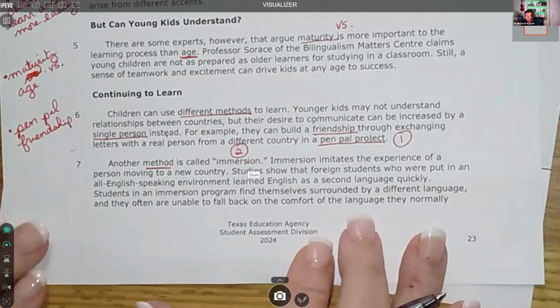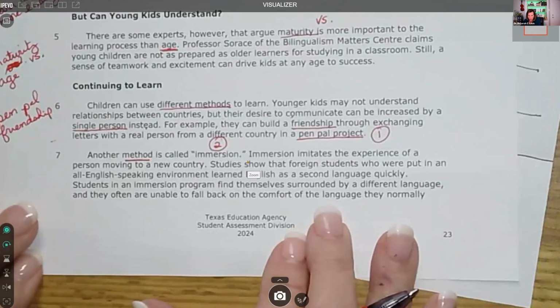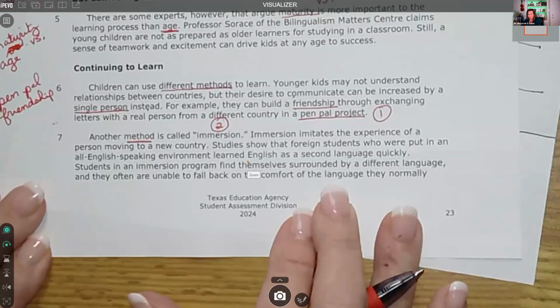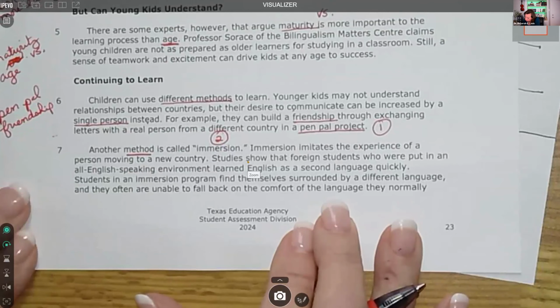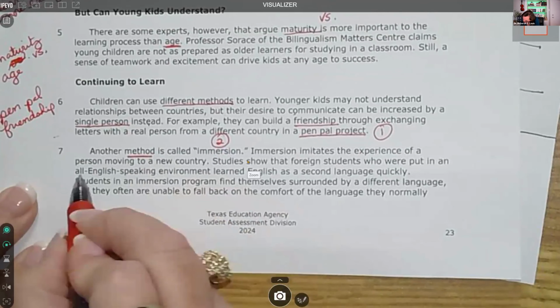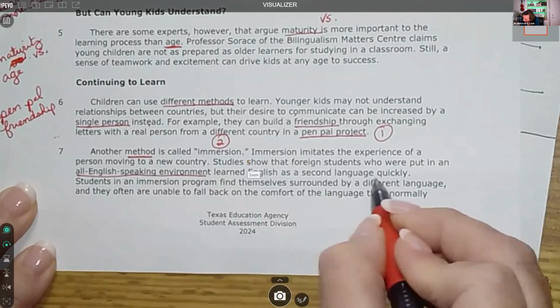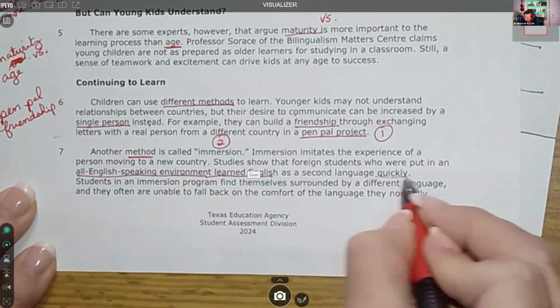Immersion imitates the experience of a person moving to a new country. Studies show that foreign students who were put in an all English speaking environment learned English as a second language quickly. So if it's an all English speaking environment, they learn, right? They learn English quickly.